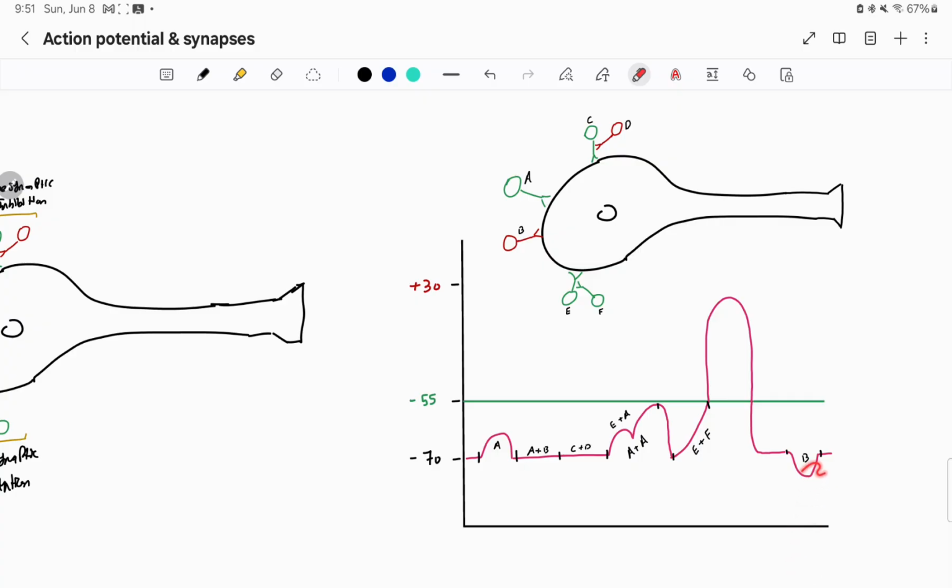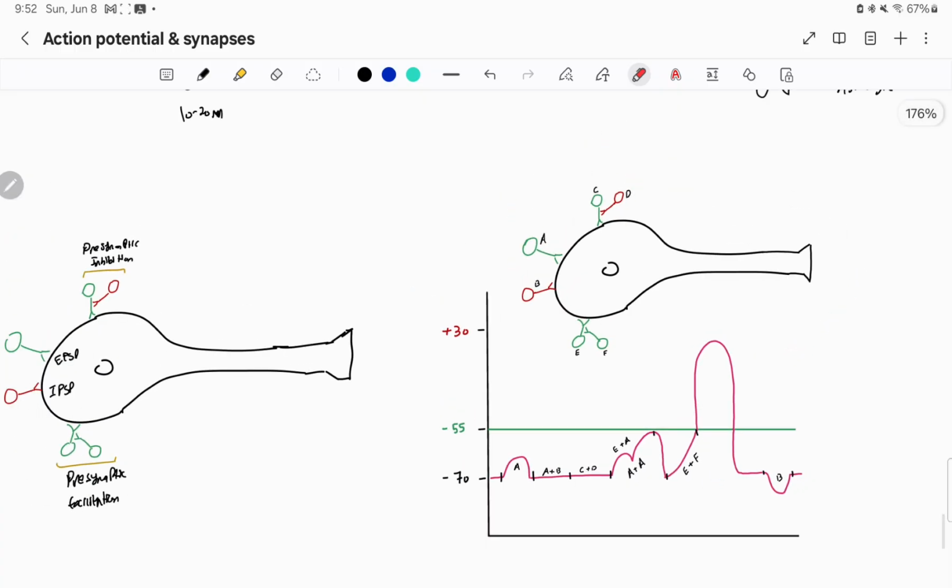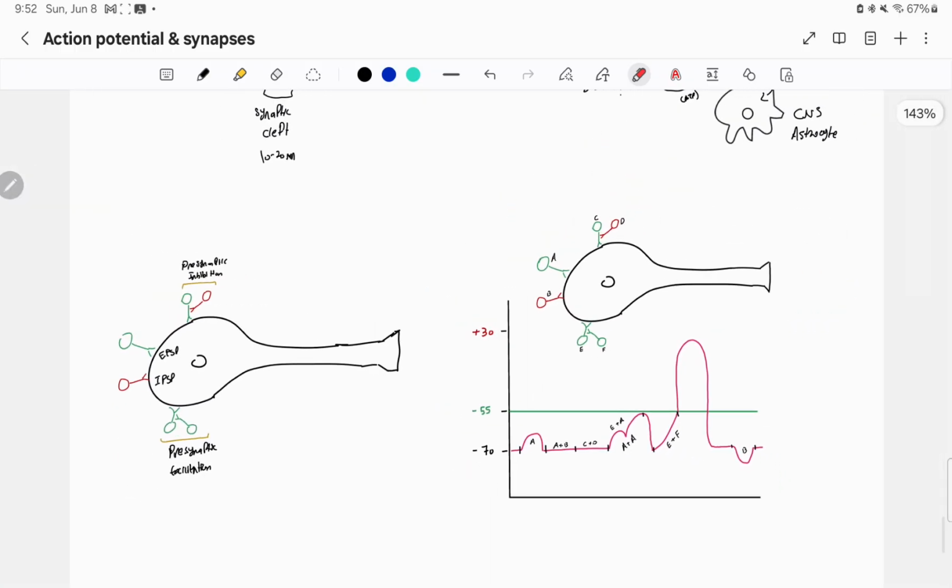Okay, now again, this is not all of the combinations or possibilities by any means, but I just really want to introduce the concept of postsynaptic integration to you, as I did back in the graded potential video, because it's really important to understand that a neuron receives many, many inputs, because that's exactly how our nervous system is. That's how our brain works, right?